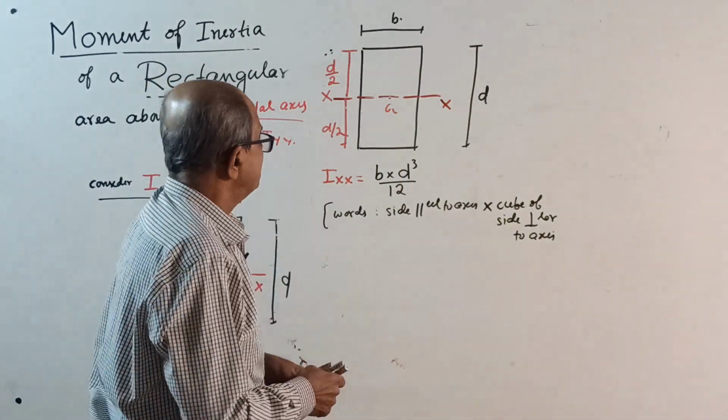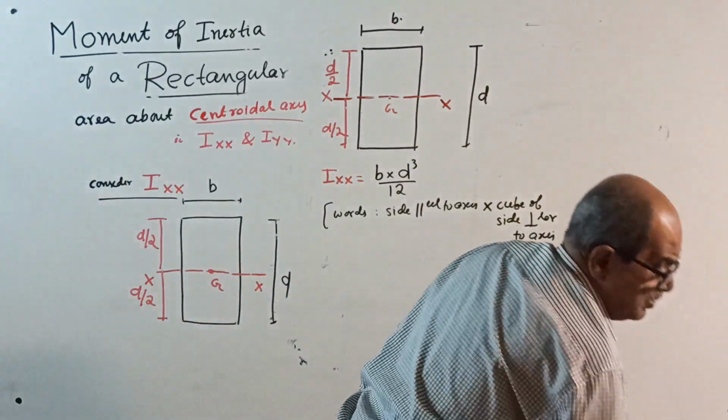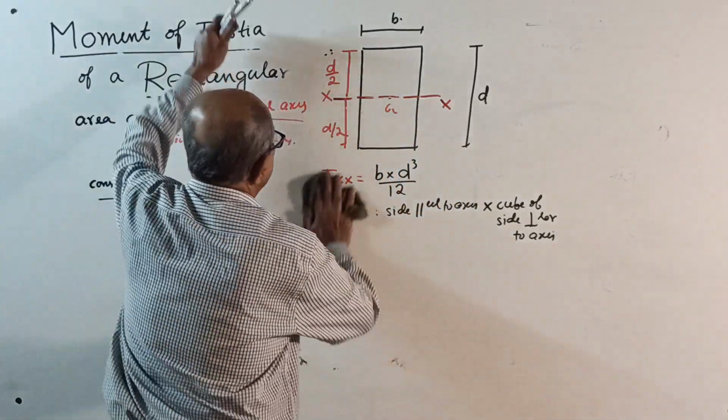This is I about xx. Now see, you need not waste time deriving I for yy.